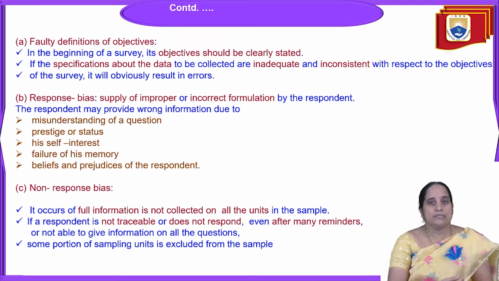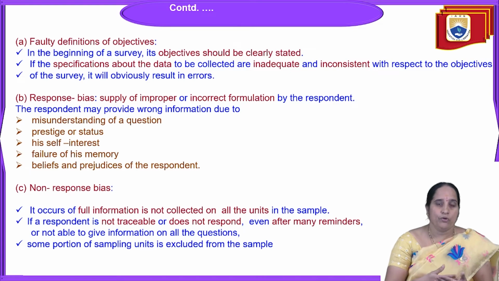And second one is response bias. Response bias means supply of improper or incorrect information by the respondent. Even though you are going to conduct a survey by preparing a questionnaire, again these questionnaires may be of different types, structured and unstructured. Whatever type of information you need to have, we need to formulate in the form of a questionnaire.